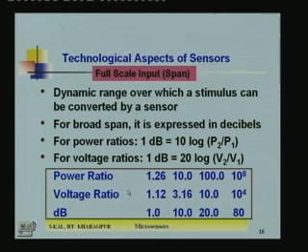For example, if the power ratio is 10, the decibel is 10 dB, and if the power ratio is 10 to the power 8, it is 80 dB. If the voltage ratio is 10, the decibel is 20 log V2 by V1, that is 20 dB. This is the normal unit by which the full scale input is expressed.